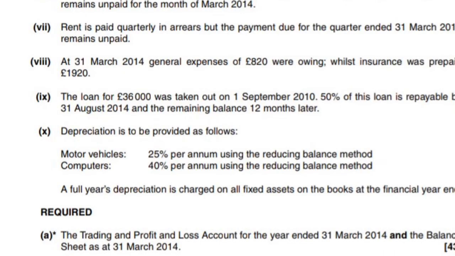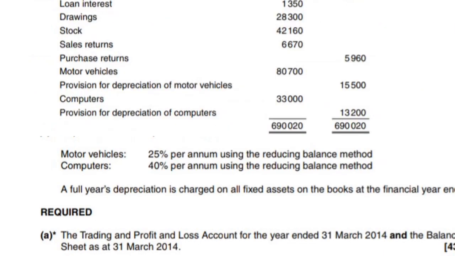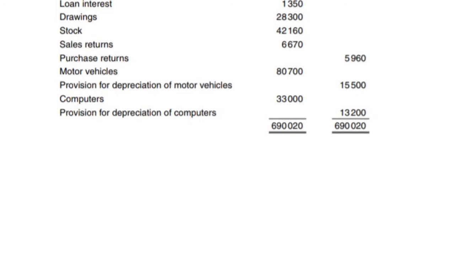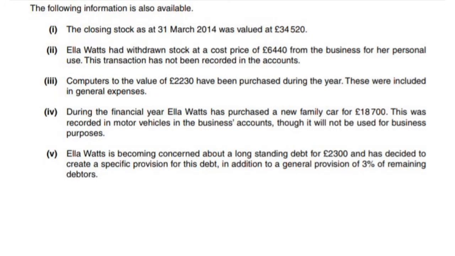Then you move on to depreciation for computers. I'm going to start by calculating the revised cost of computers. So the cost of computers in the trial balance is 33,000. But there is additional information, note number 3. Computers to the value of 2,230 have been purchased during the year. These were included in general expenses.